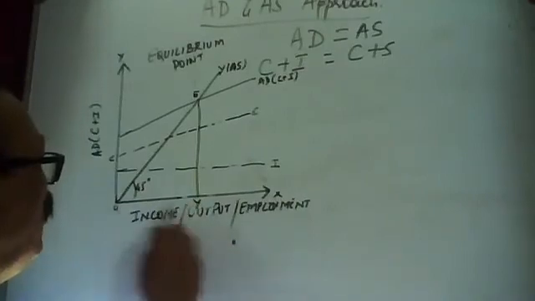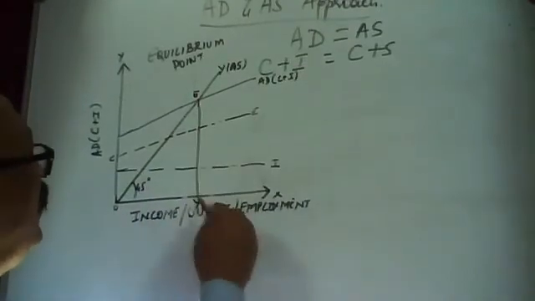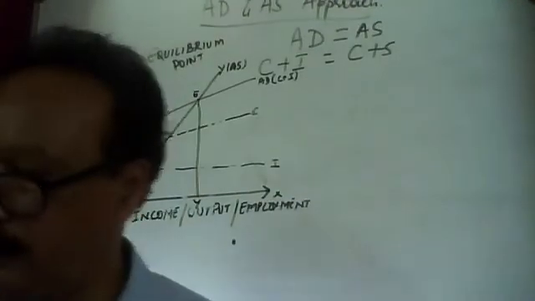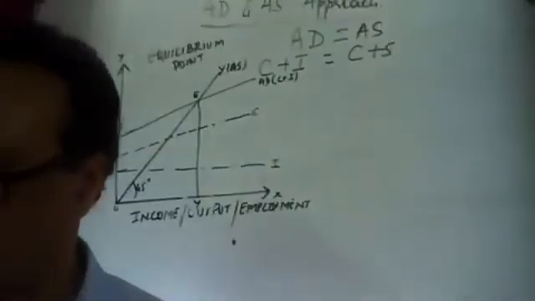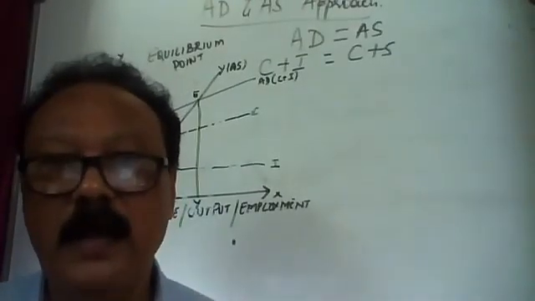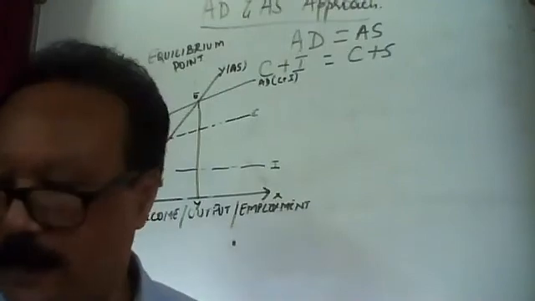If you look here, OY. EY equals OY. It exactly equals the level of total output or income, that is OY.